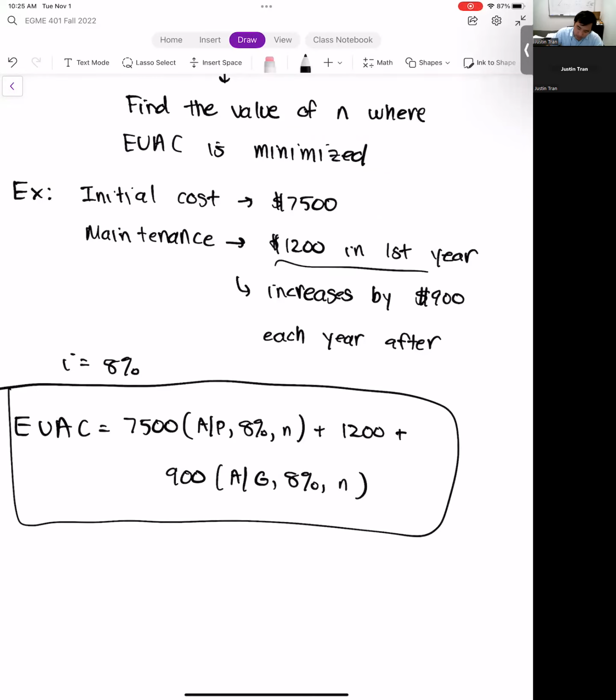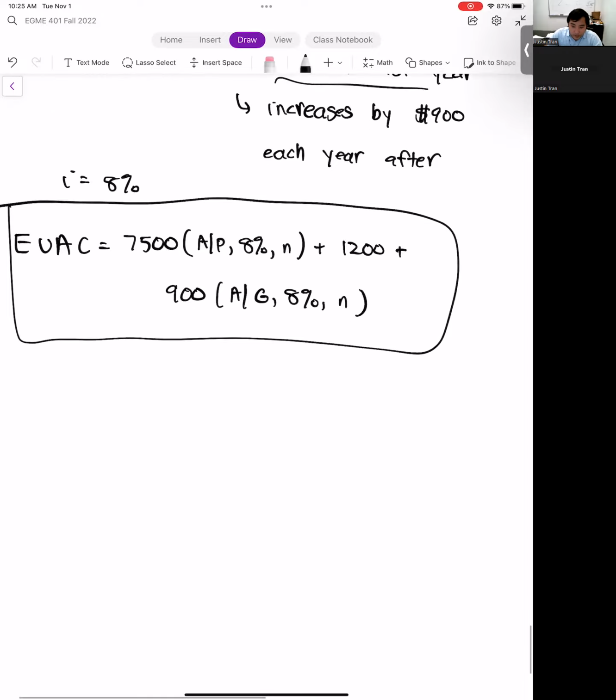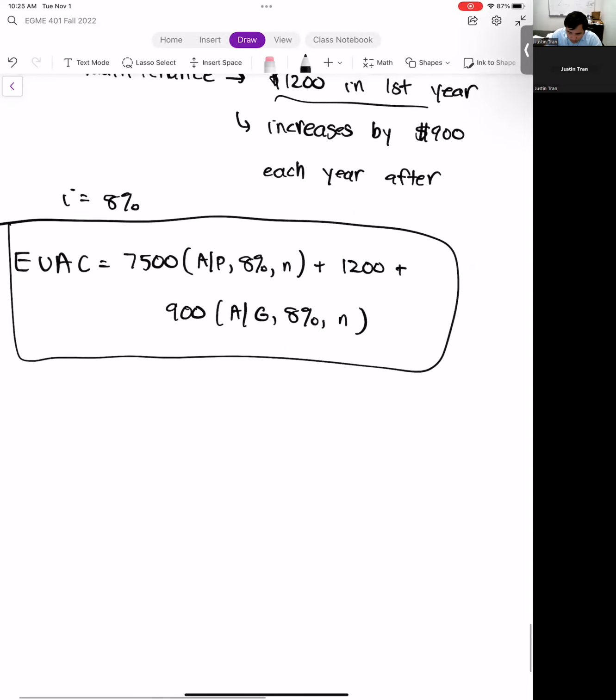Now that we have this equation, we can't evaluate it yet because we need to plug in a value for n. We're going to evaluate this at different values of n.